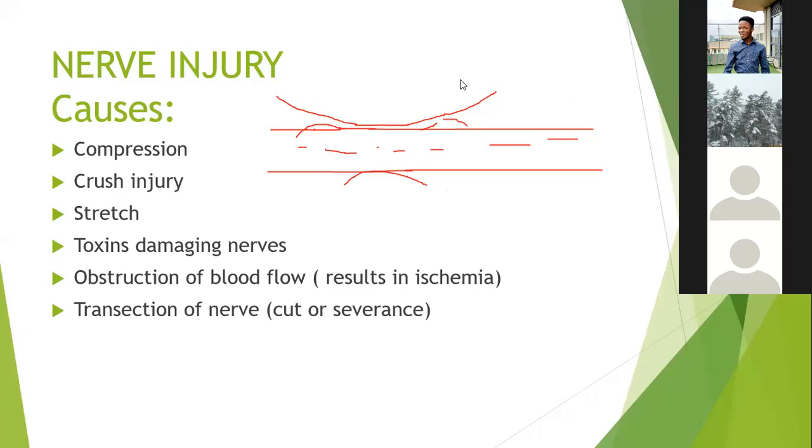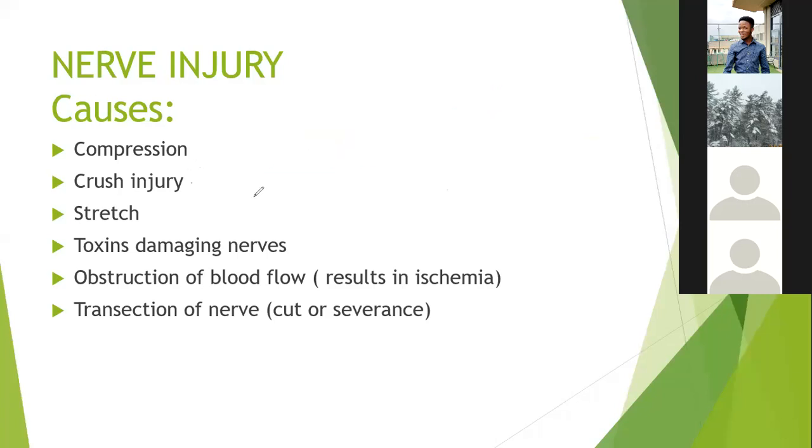Okay. So now there is also the crush injury. Now, the crush injury is slightly different, not really slightly different. You can imagine when you hit a nerve over a wide area, you are going to flatten it and cause real damage over a wide area.